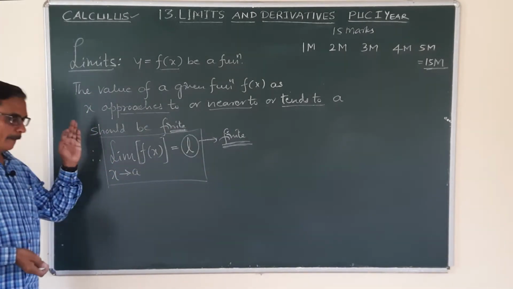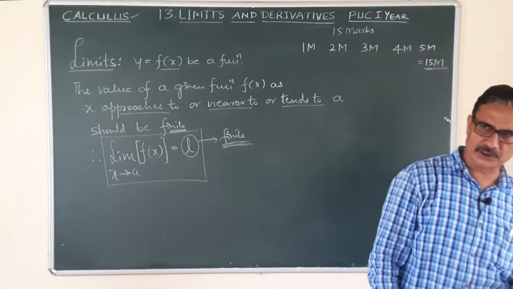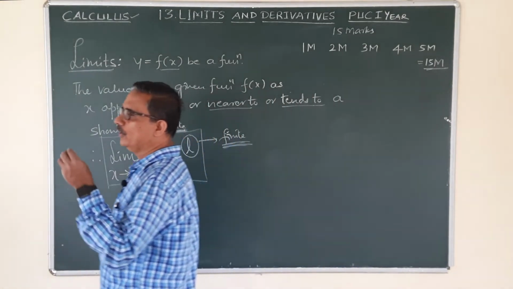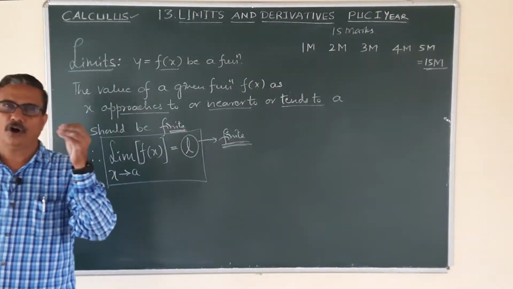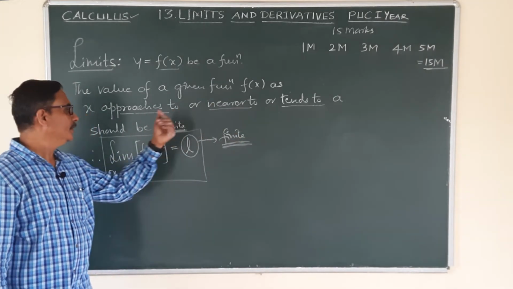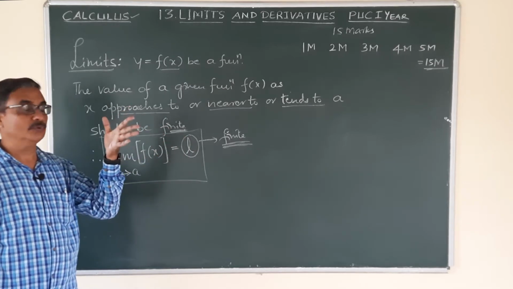So remember, define limit: the value of a given function f of x as x approaches to, or nearer to, or tends to, say A, where A is a finite value, must be a finite value.